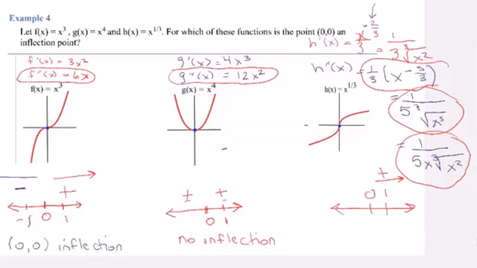Now, when x is negative, well, I'm squaring the negative, which makes it positive, so I'm going to have a negative value on this side. And now I know I have an inflection point. At 0, 0, I have an inflection point because notice it's changing concavity. It's going from negative to positive because I'm looking at my second derivative.